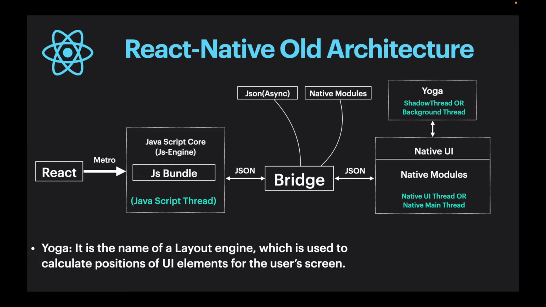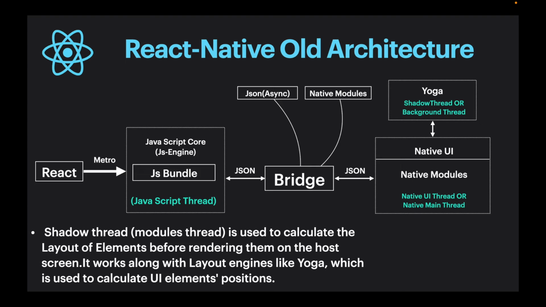For the third thread, we use Yoga. Yoga is the name of the layout engine, which is used to calculate the position of UI elements on the user screen. The shadow thread, also called the background thread, is used to calculate the layout of elements before rendering them on the host screen.